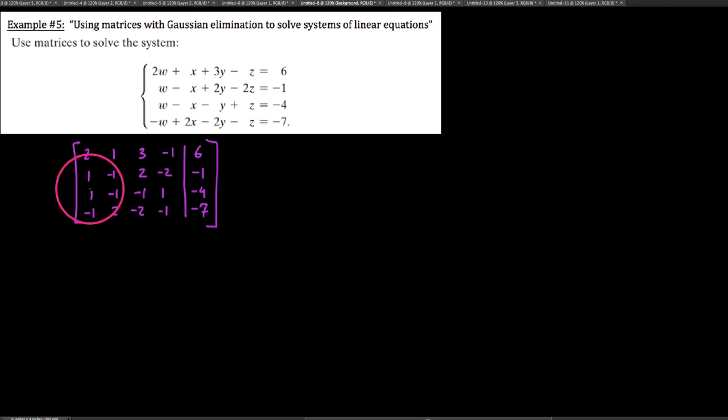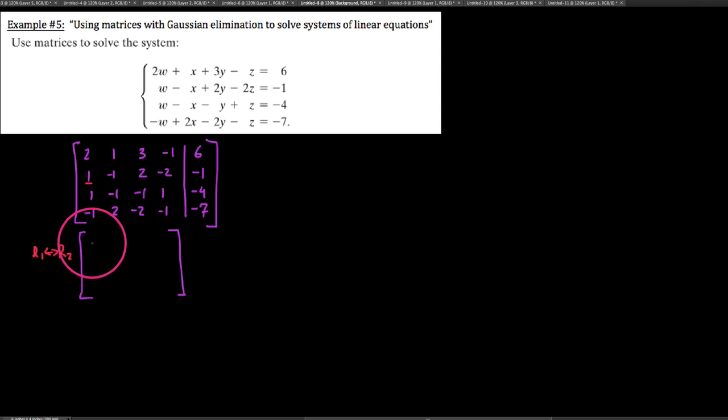We're always going to start by trying to get a 1 in the top left corner. I think we could easily do this if I were to switch my first row with my second row here. This would get this 1 in the top left corner. To rewrite this, I'll write a little bit smaller. We're going to write on the outside what we've just done: we're switching row 1 with row 2.